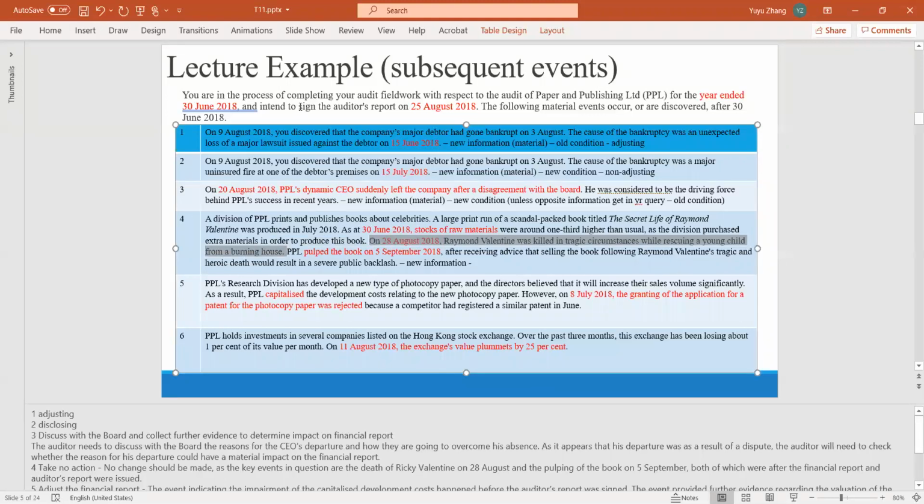And the auditors signed the audit report on 25th of August. So basically that is within period 2 or period 3. Auditors would only pay attention to the information coming to their attention. If this information doesn't really come to their attention, they don't have to act. So that is a subsequent event, however, in period 2 or 3.